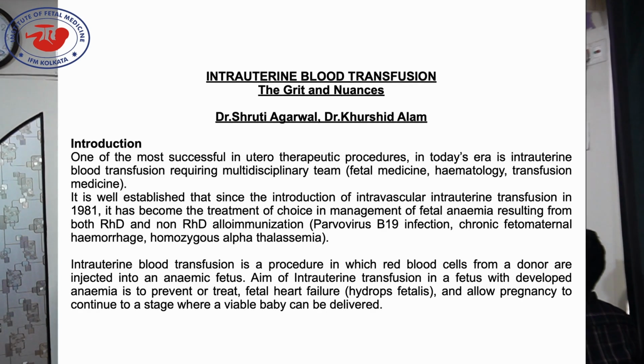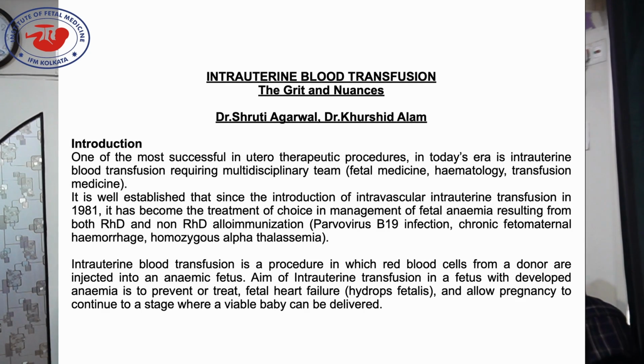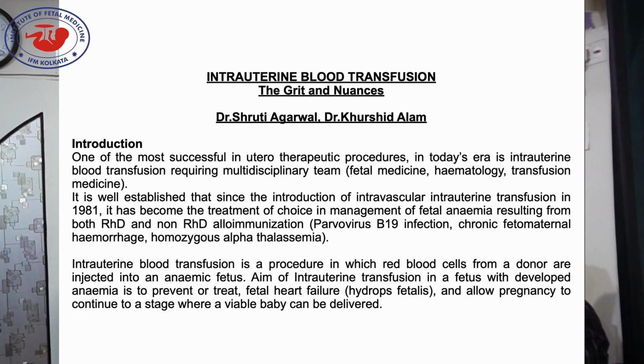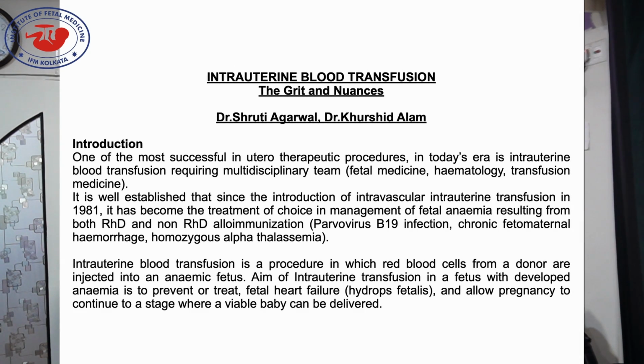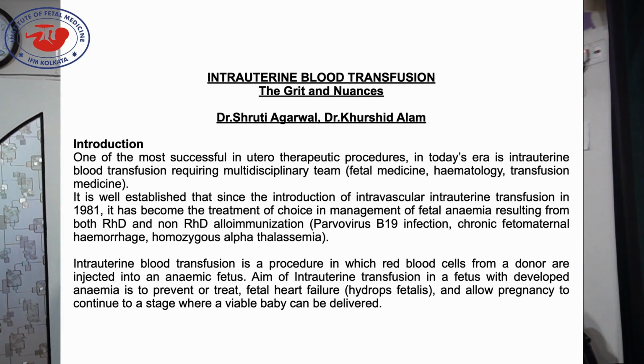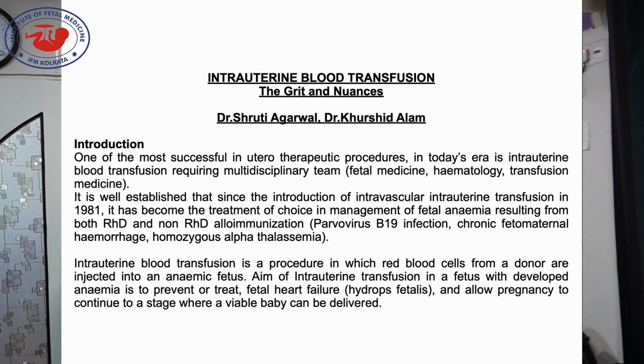And this hyperdynamic circulation will lead to too much preload on the fetal heart, and eventually a state where it starts decompensating and starts failing. And a failing heart in fetal life will manifest in the form of hydrops. Like the case which we have today, I just saw the paper, is having ascites and placentomegaly. So these are all signs of hydrops, that the baby is undergoing heart failure, decompensation.